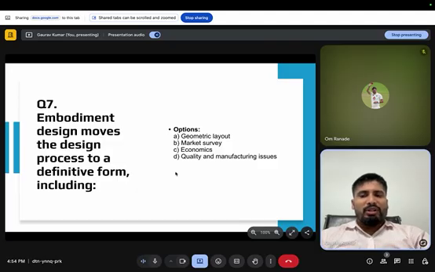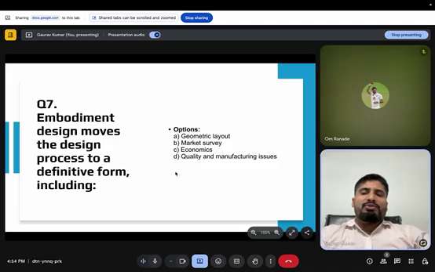So basically, the embodiment design process moves the product definition towards the final form and function. So it involves developing the geometric layout, analyzing the economic feasibility, and resolving quality and manufacturing concerns. These considerations together ensure that the concept is not only functional but also economically and industrially viable.